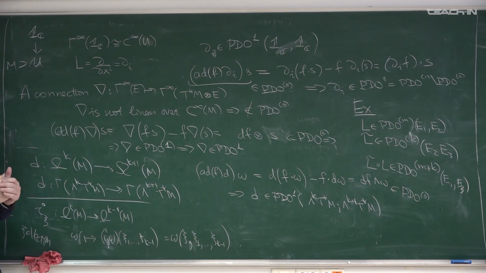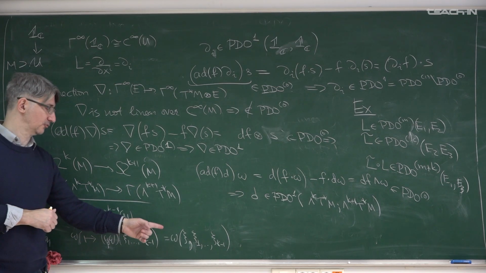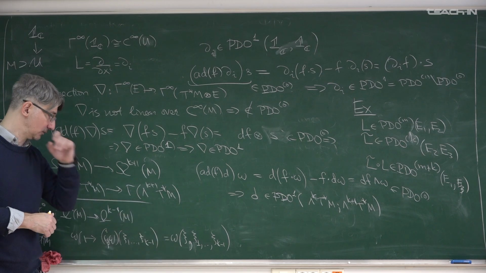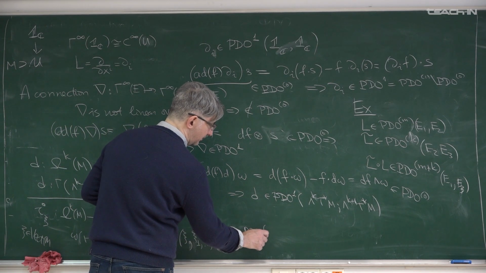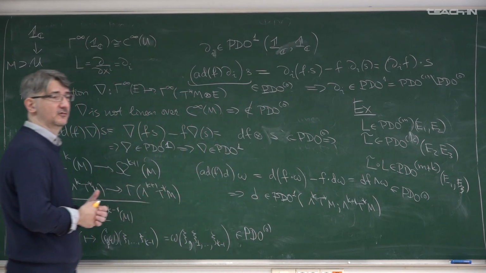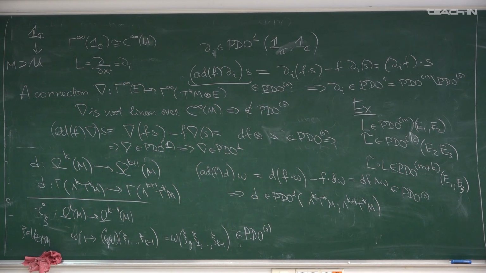What is the order of this operator? I guess it's 0, because you can multiply omega by a function, and the result will also be multiplied by the function. So this is a very good example of a partial differential operator which has no derivatives. It's linear, of order 0.